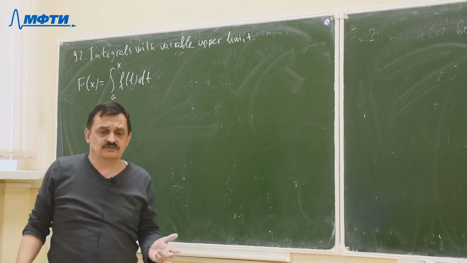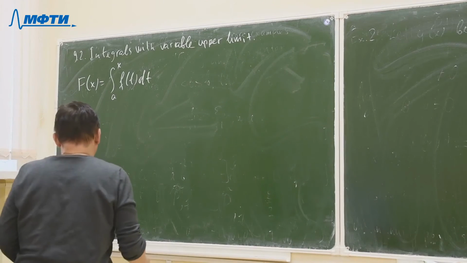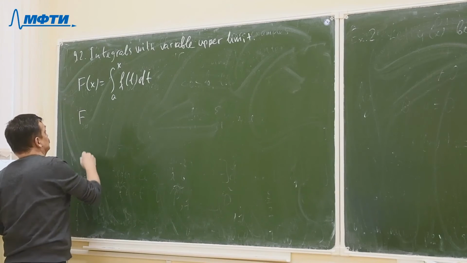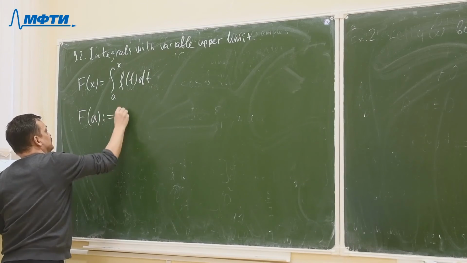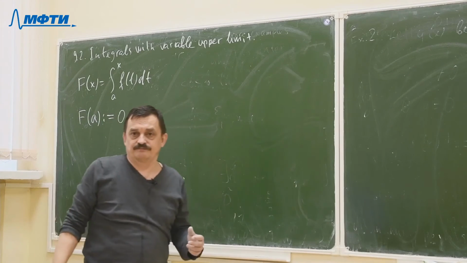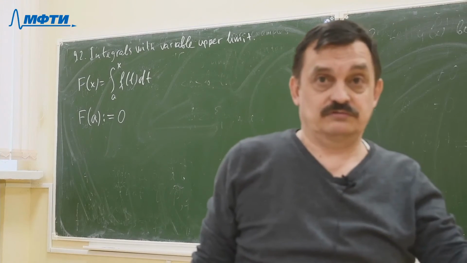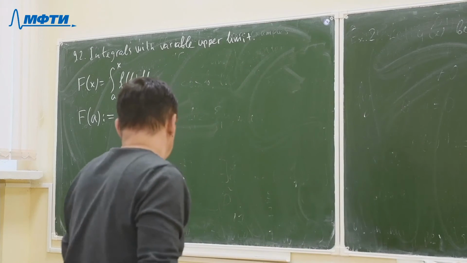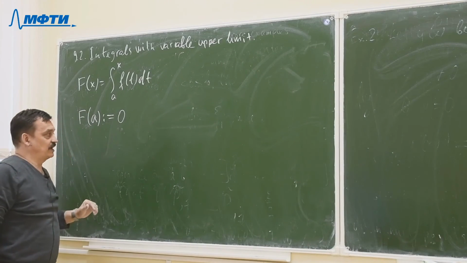But to make this definition more convenient, let us give an extra agreement. So F of a by definition is 0. Of course, we cannot integrate over one point. Makes no sense. But for the sake of simplicity, we accept this value.